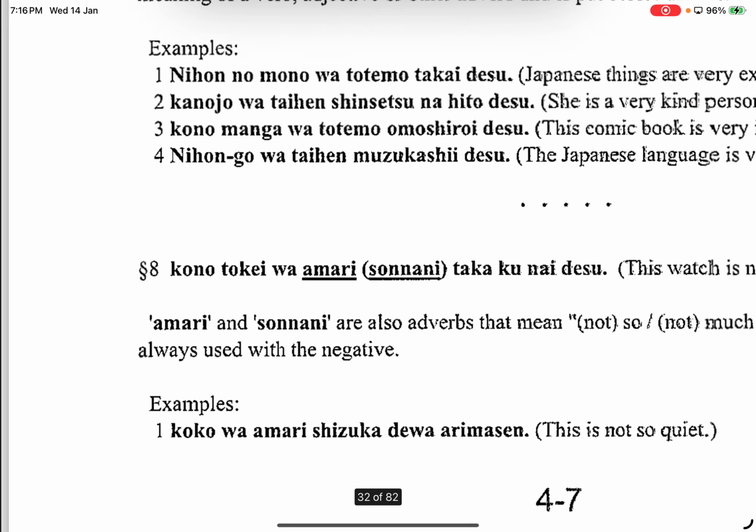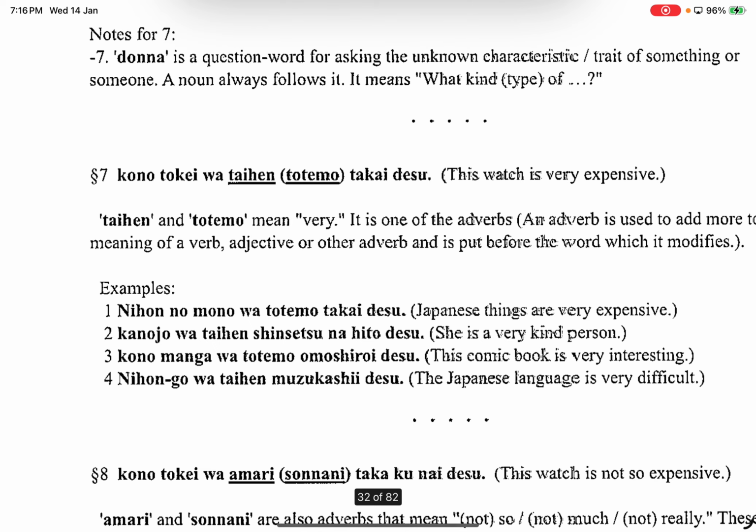Then for totemo, can we use the negative behind? We can. For example, とても高くないです. Very not expensive. However, it sounds a bit weird. People understand what you're trying to say, but it sounds a bit weird. But sometimes you have no choice, like you cannot remember the opposite.